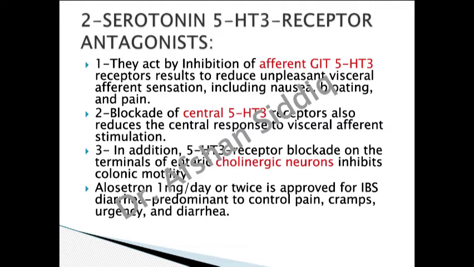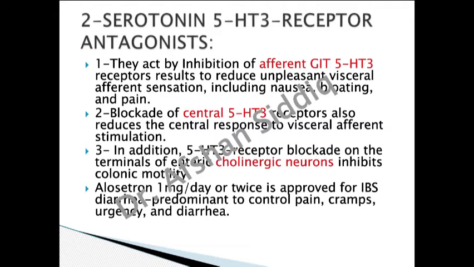Blockade of central 5-HT3 receptors also reduces the central nervous system responses to the visceral afferent stimulation. In addition, 5-HT3 receptor blockade on the terminal of the enteric cholinergic neuron inhibits colonic motility.